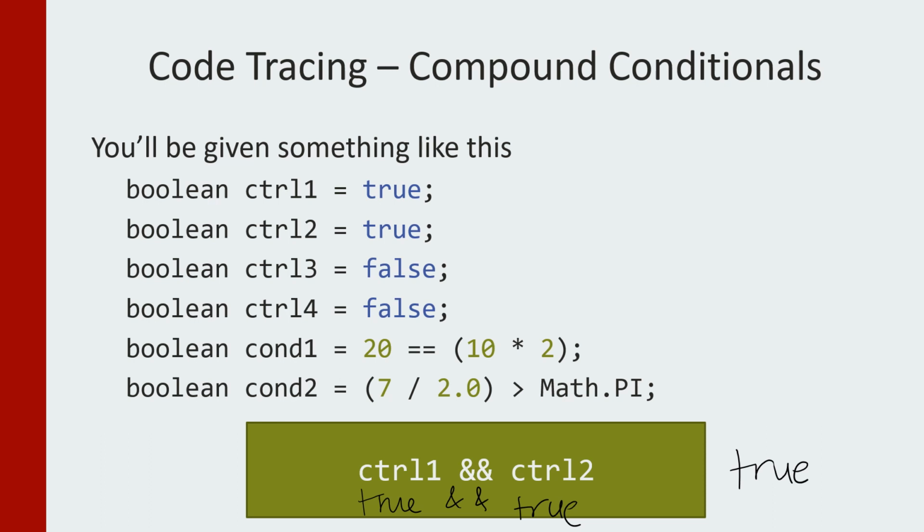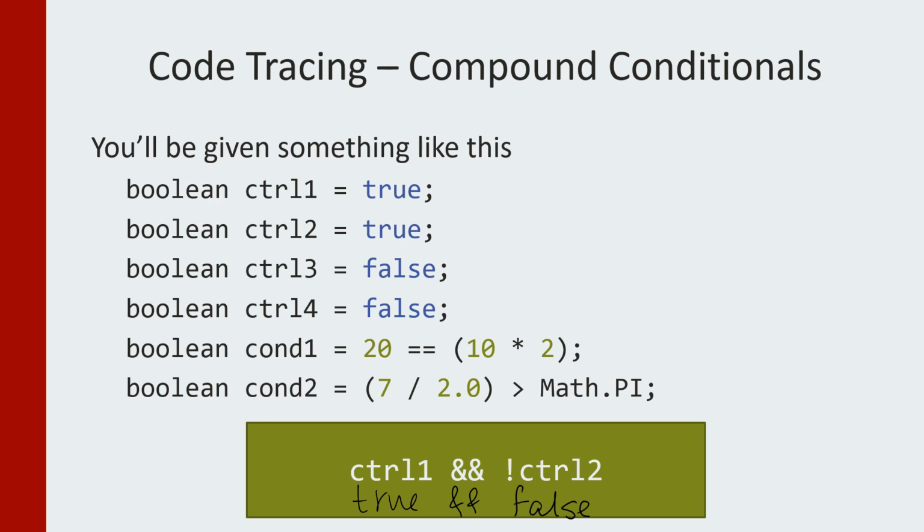For tracing this, you needed to be able to do the Boolean logic. Another example is control 1 and not control 2. Control 1 I know is true, and control 2 is true, and therefore not true is false. And this is an and, so overall this will give me false.